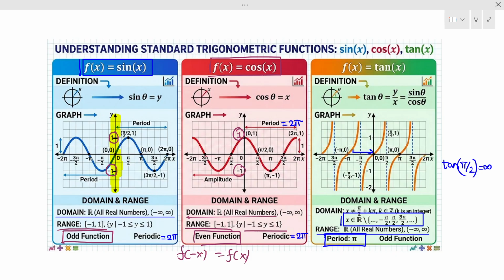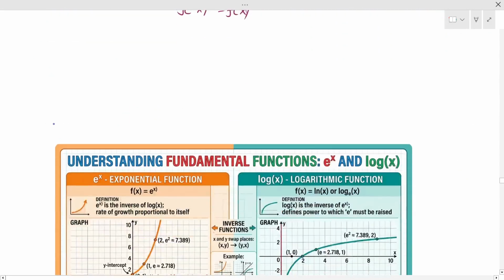You can see that after pi it repeats itself. So I believe the fundamental functions, their graphs, domain, range, odd function, even function, all these things are clear to all of us. Okay, moving ahead.